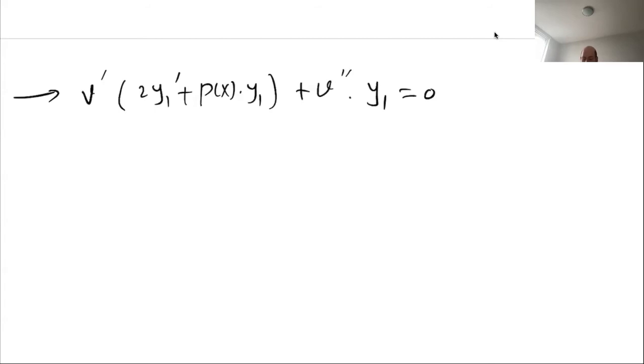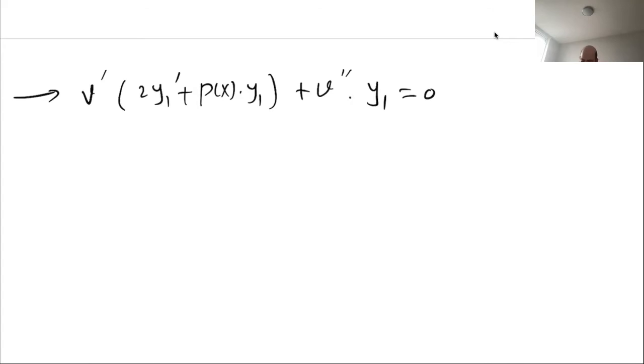And instead of a second order differential equation, we will have a first order differential equation, which is very good news because we already spent a full chapter on how to solve first order differential equations, and we know different methods to solve them. So we can use the methods we learned before.